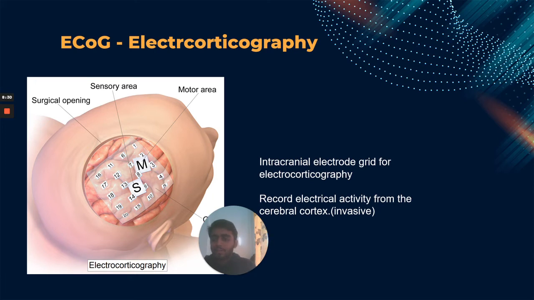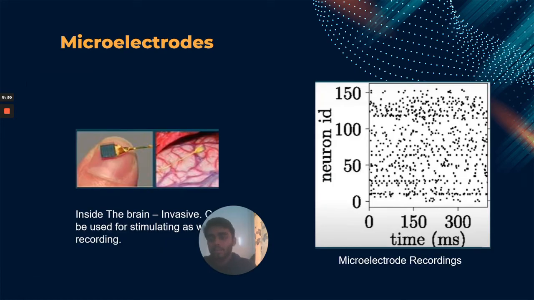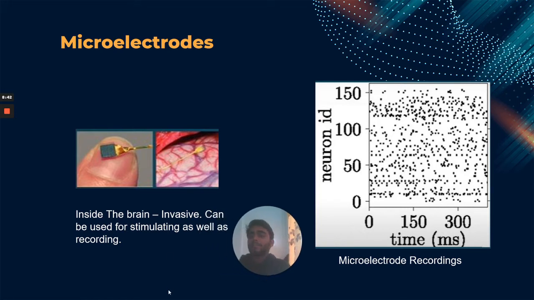The electrodes are placed on the sensory areas and the motor areas of the brain. Moving ahead, we also discussed microelectrodes. Microelectrodes are very small devices. You can see this in the image. These are placed inside the brain. This is again an invasive technique. It can be used for stimulating as well as recording. On the right side of the screen, you will see a graph that gives a typical microelectrode recording.